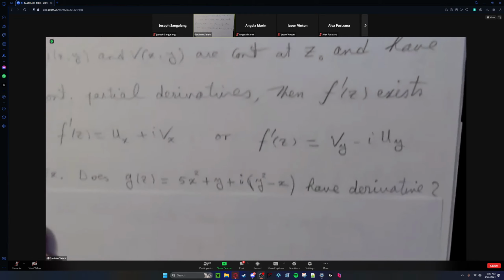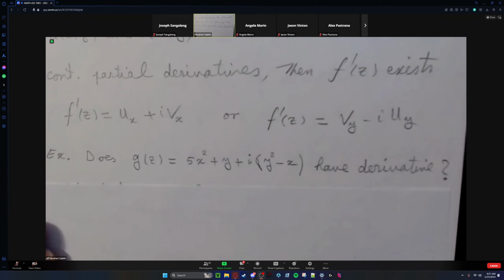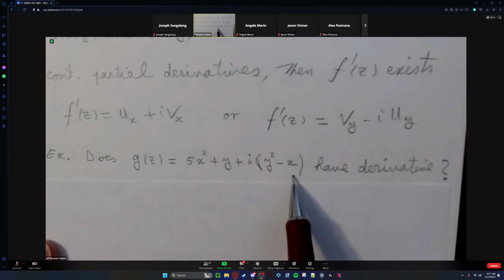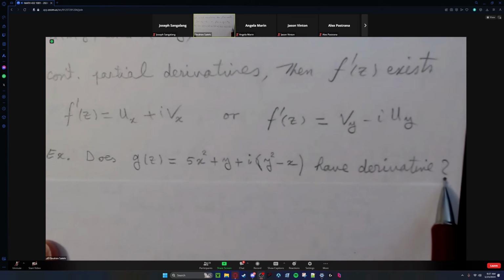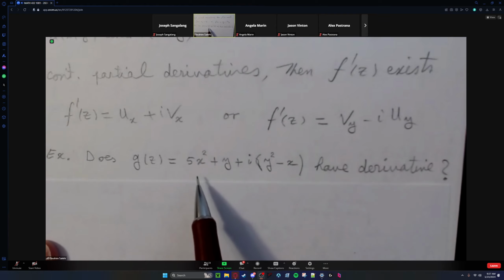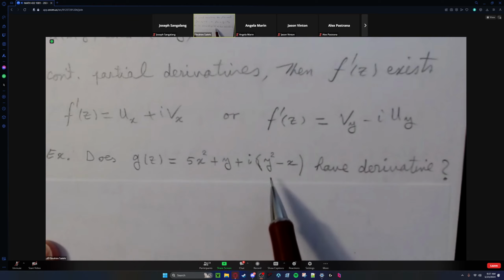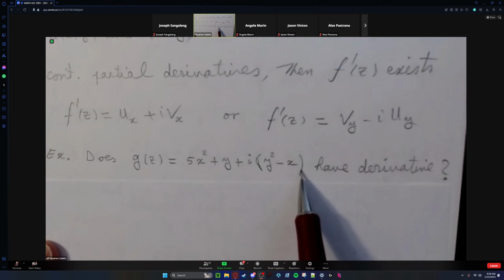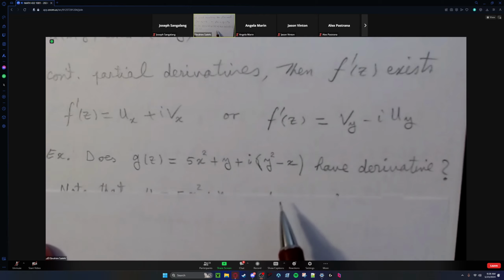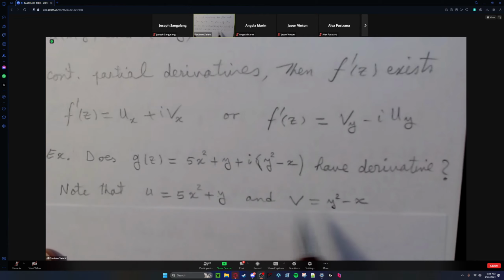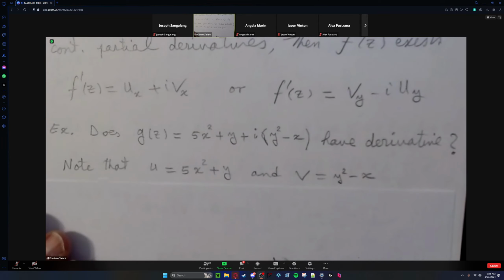Here's an example. The question is, does this function have a derivative? Well, here is the real part, u, and here is the imaginary part, which we called v. Let's take partial derivatives.